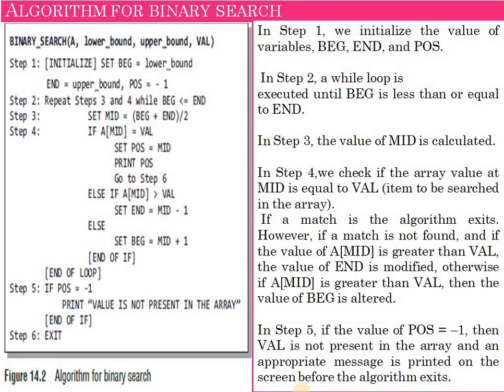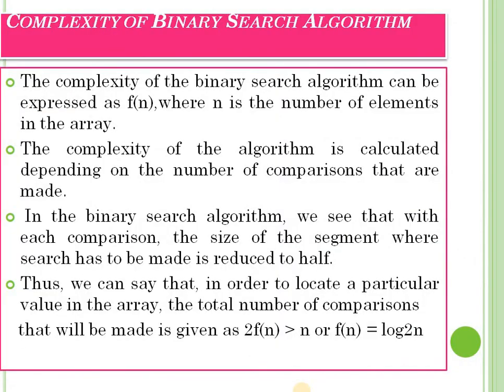But in binary search, first we divide the array, meaning we calculate mid and check only half. If it is on the left side, then we check the left side. If the element is on the right side, then check the right side. Means again we are doing half of the comparison. This is the benefit of binary search.